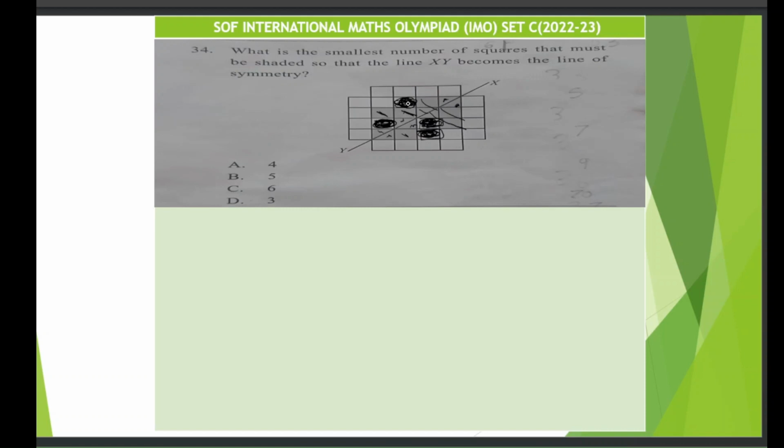So how many squares did we actually shade to get symmetry? 1, 2, 3, 4. So option A is the correct answer. Question number 34, option A, 4 is the number of squares that must be shaded so that line XY becomes the line of symmetry.